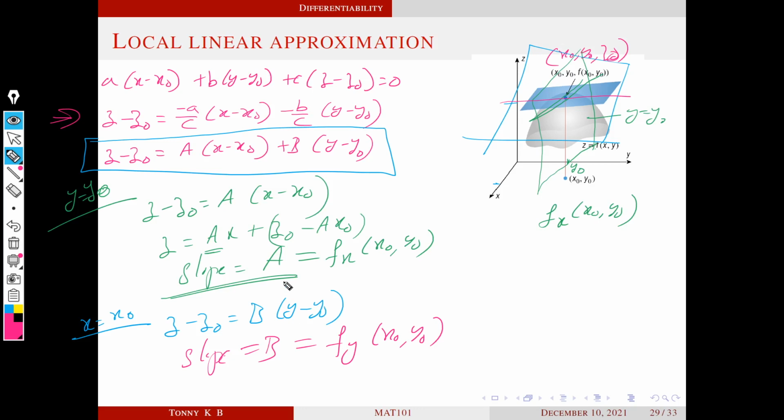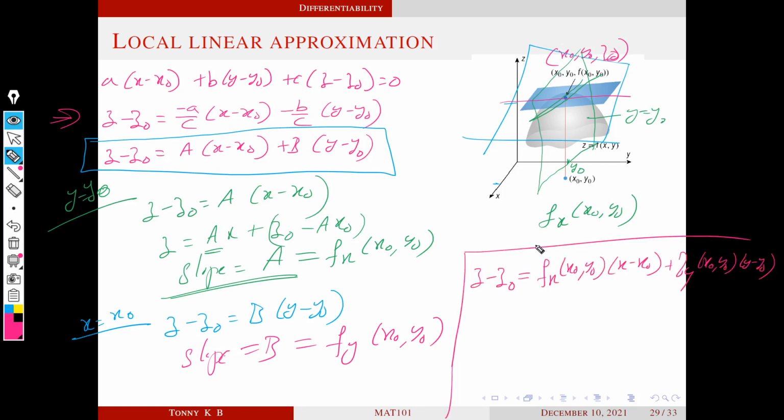So by substituting this a and b in this equation, this gives the equation of the tangent plane. What is that? So this becomes z minus z naught equals fx of x naught, y naught into x minus x naught, plus fy of x naught, y naught into y minus y naught.